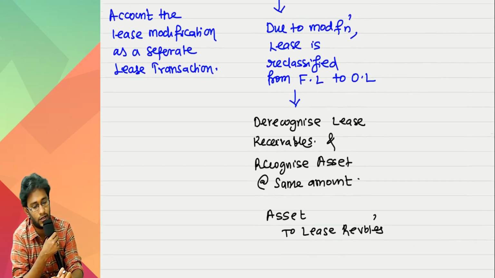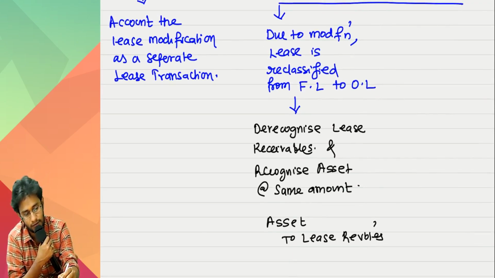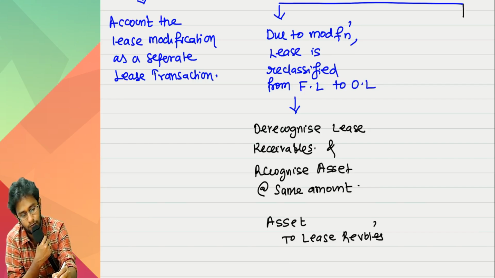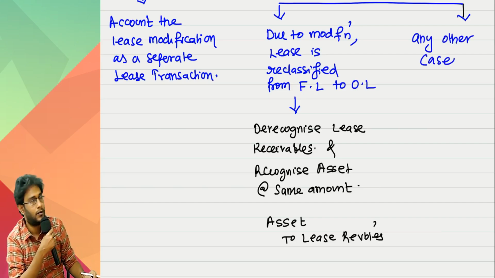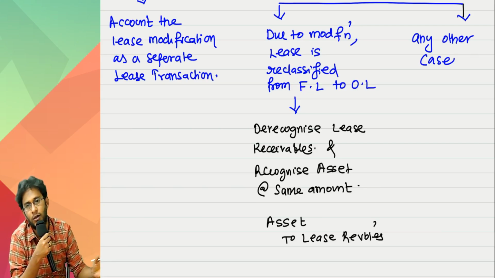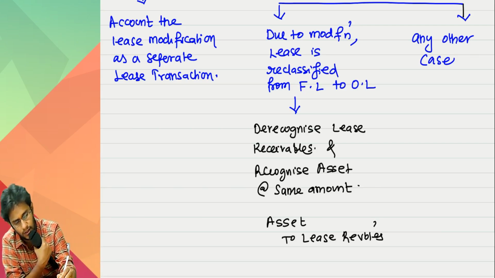If reclassification is not there, that means any other case: the reclassification is not happening, decrease in scope, increase but not at market terms, any other case. It's just similar to whatever you did in the lessee's case.